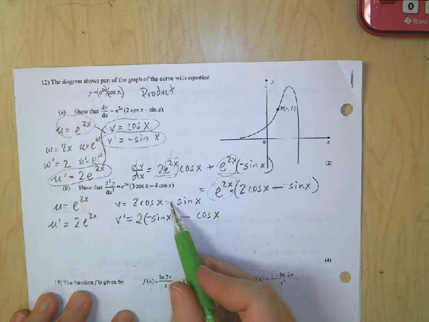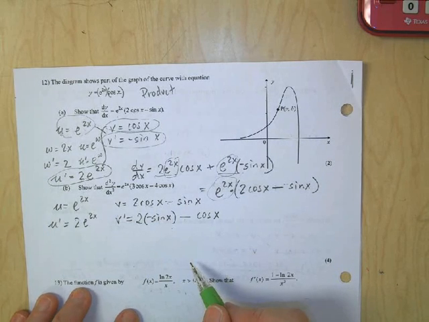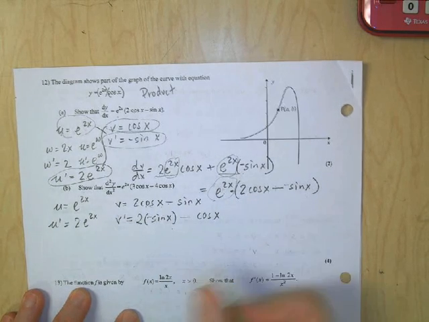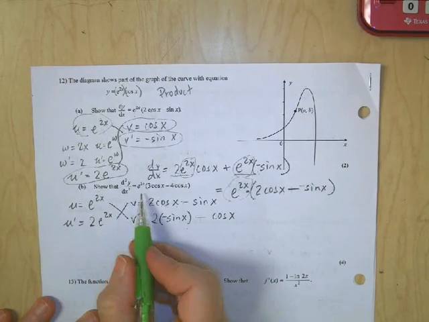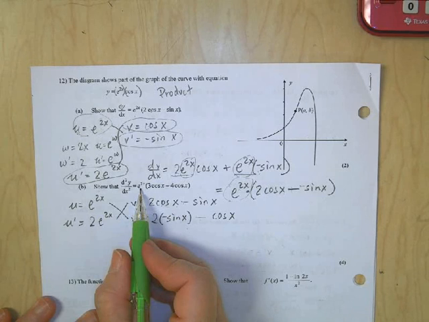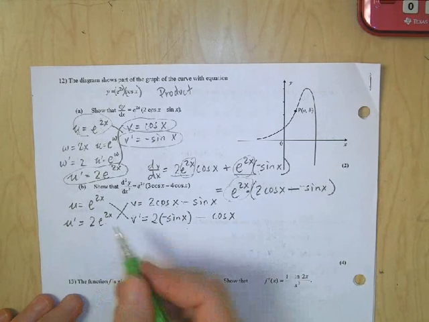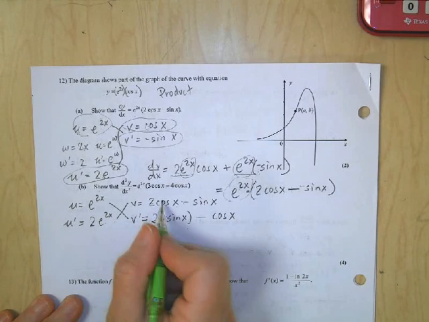Now we're going to use the product rule, because I've got two functions being multiplied together, so crisscross applesauce again. And notice we're trying to get e to the 2x in front, so I'm going to start with this one times that one.